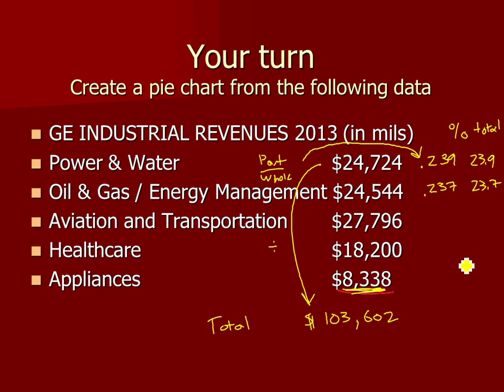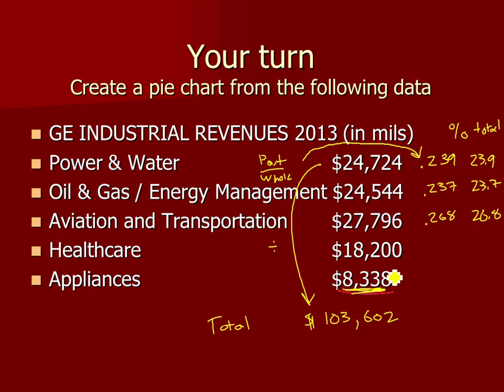Then what's next, Miss Mann, for aviation? Yeah, it turns out their largest is aviation and transportation. That is their jet engines that they make that go into planes, other aircraft parts, also engines for trains.